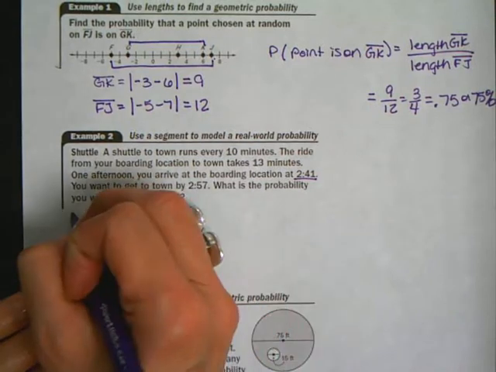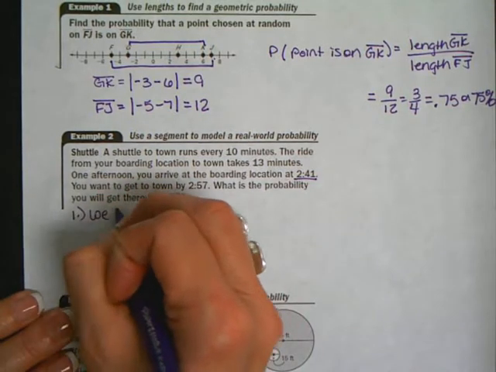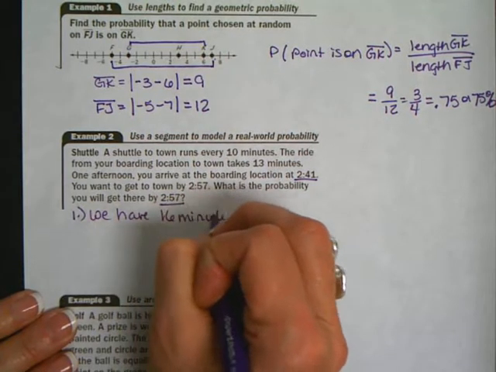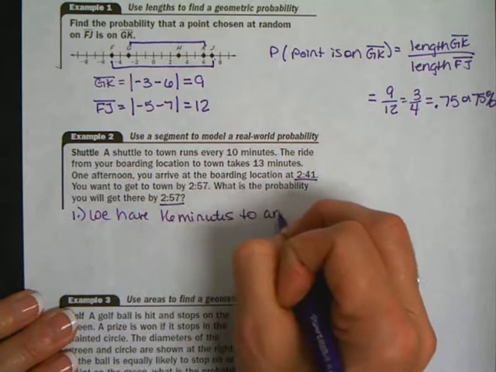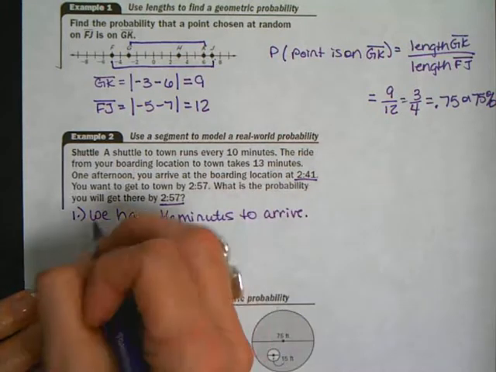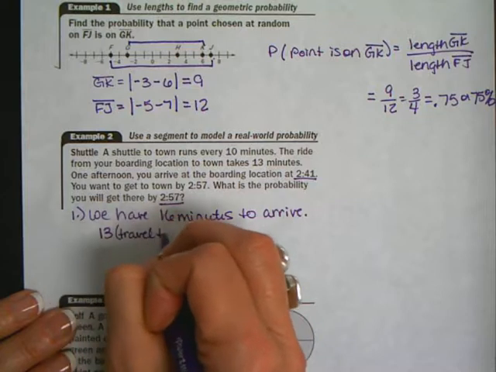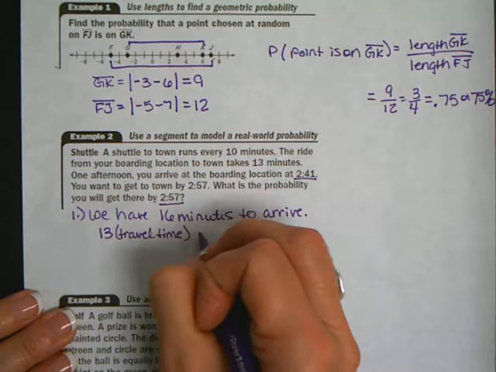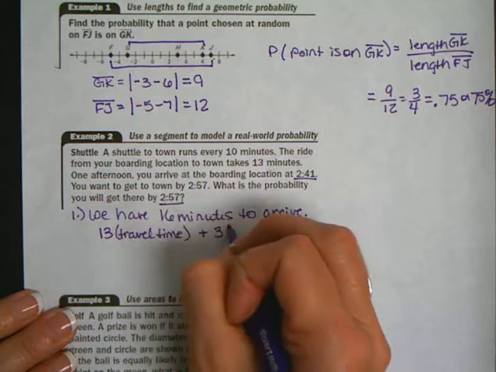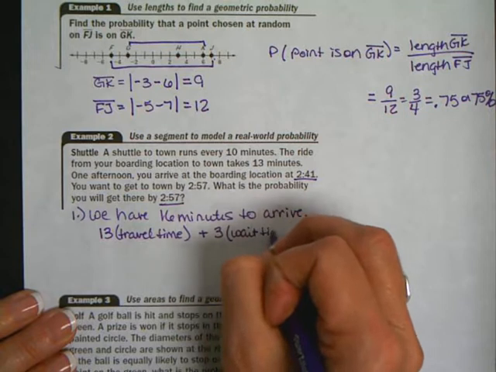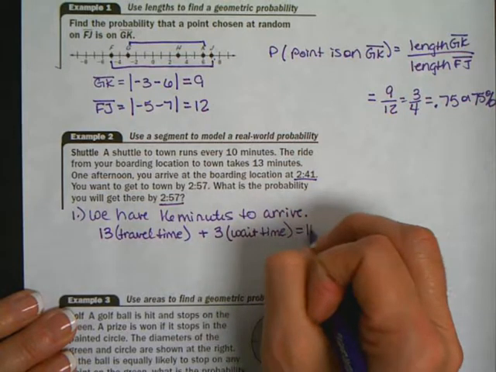13 minutes is travel time. So we have 3 minutes wait time, and those two together equal 16 minutes. So we only want to wait the maximum of 3 minutes. However, the trains run every 10 minutes.